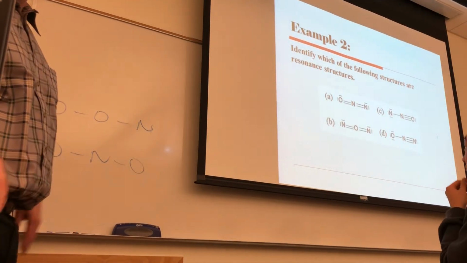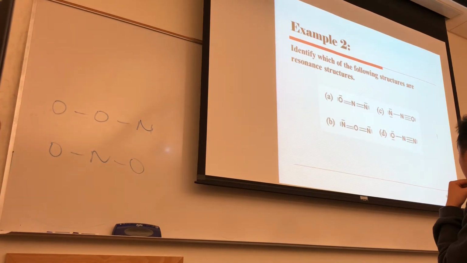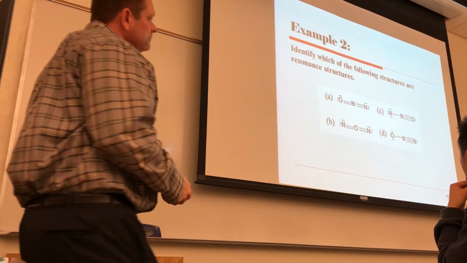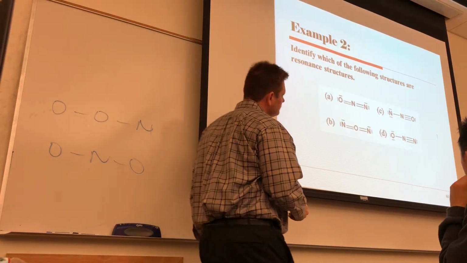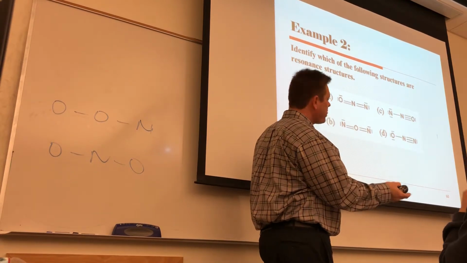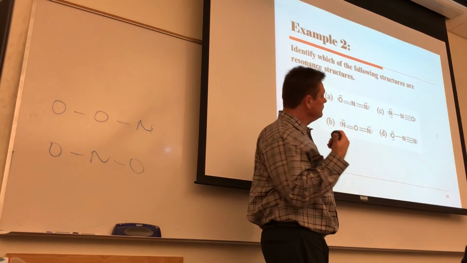Okay. So identify which structures are resonance structures here. Someone help me out. Identify which of the following structures. What did you say? A and D is resonance? A, D, and C?